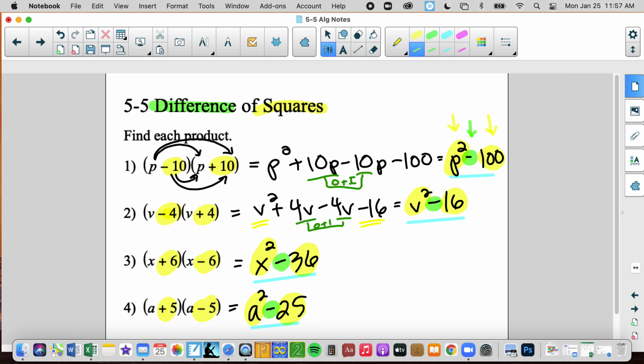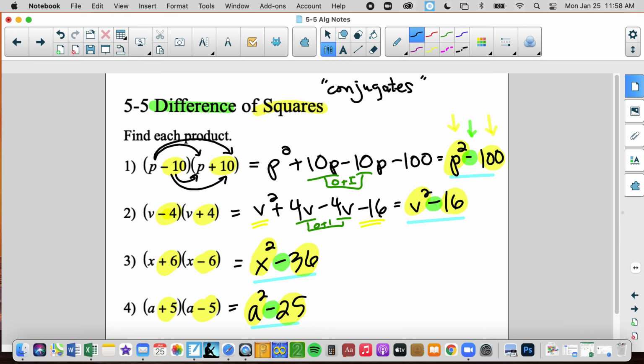So when you have binomials that are opposites, we call them conjugates. And when you multiply conjugates, you're going to produce the difference of two squares.